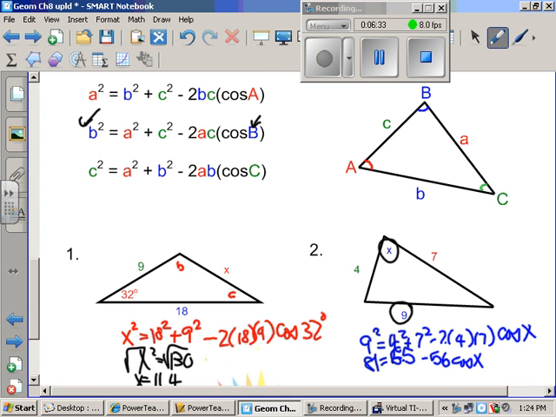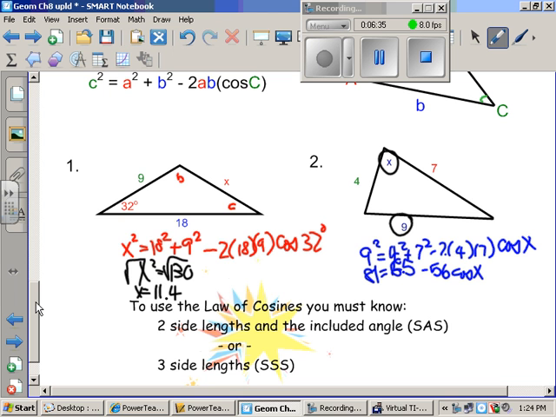Okay, so again, we're solving it a little differently because this time we're going to have to use inverse. So I subtract 65, so I get 16 is equal to negative 56 cosine x. I'm going to divide by negative 56. And then from that number, I'm going to do the inverse cosine.